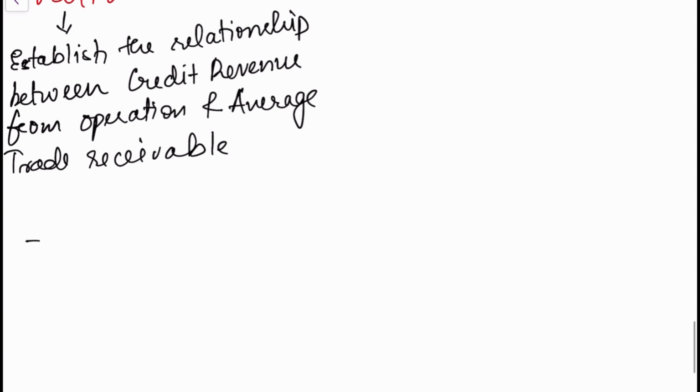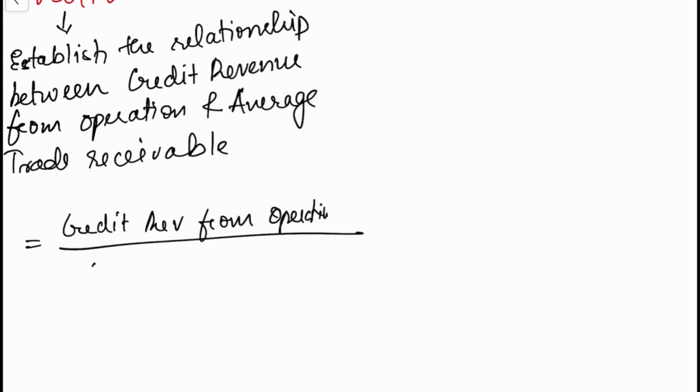So what is the formula? The formula is credit revenue from operation divided by average trade receivable.